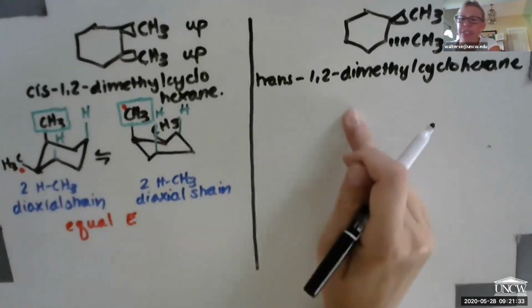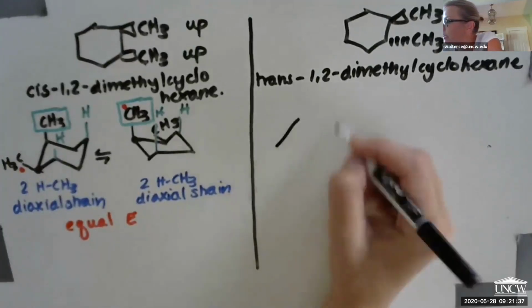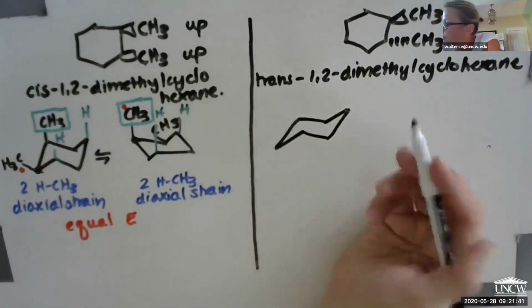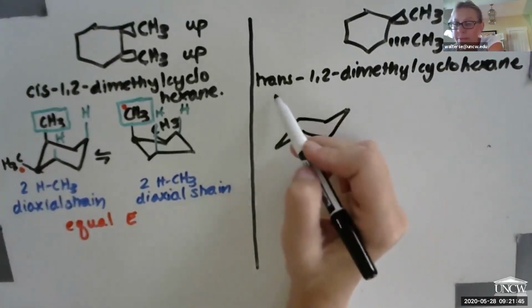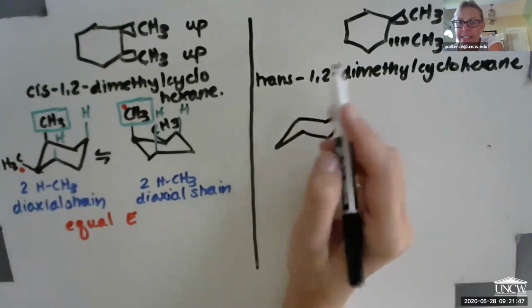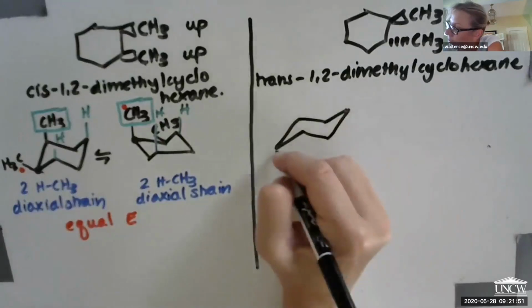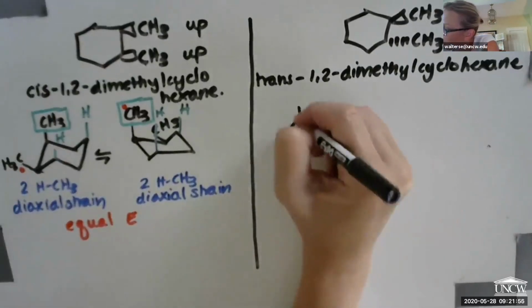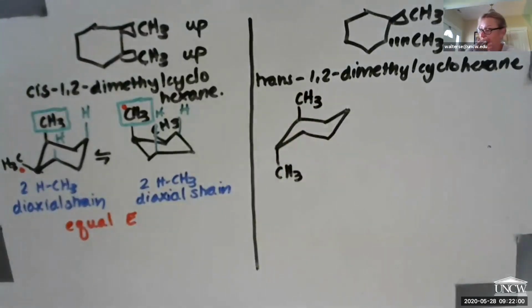Now on this side, we do it the same way. We start with our rings. Now we have trans, which means we have to have them on opposite sides. So one has to be up, the other has to be down. I like to start with axial positions. I just think it's easier.